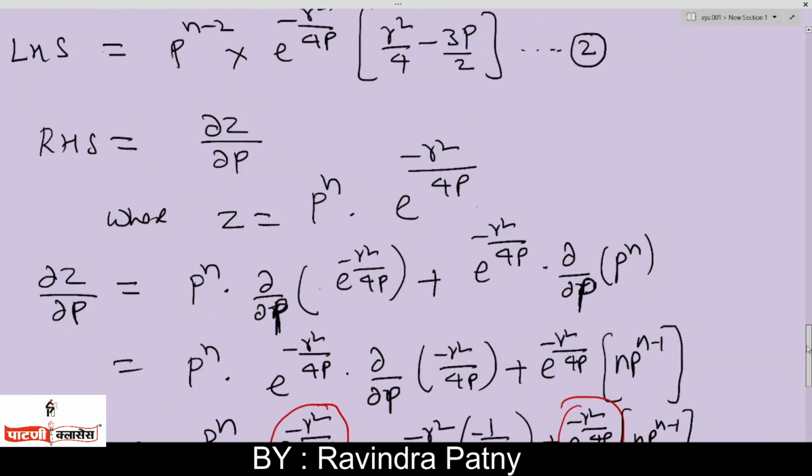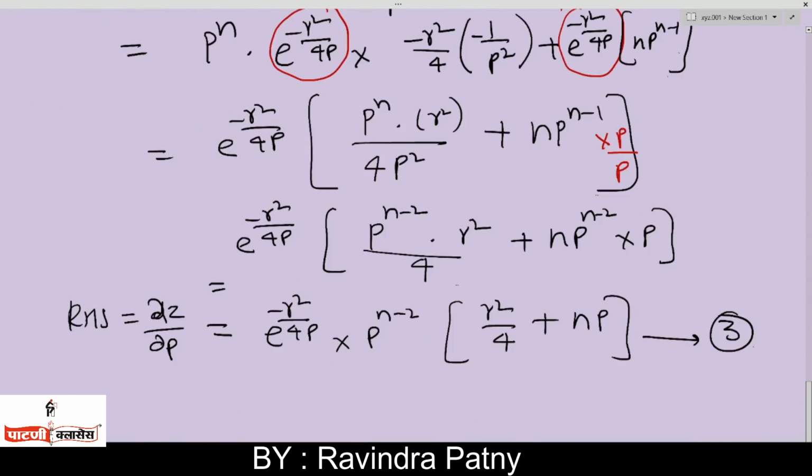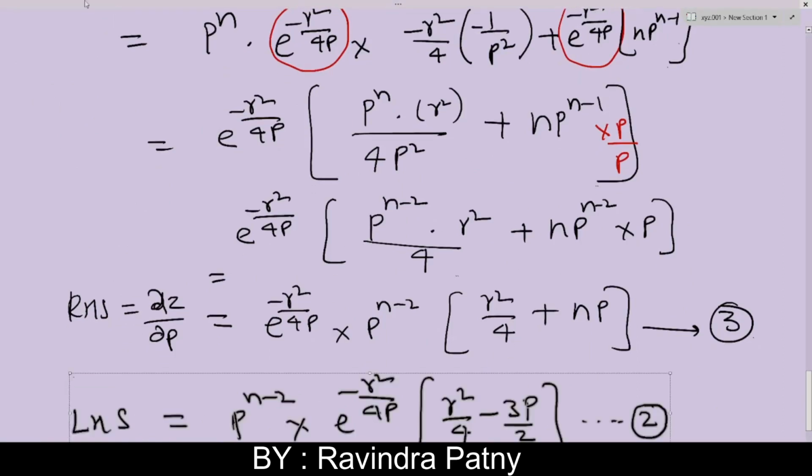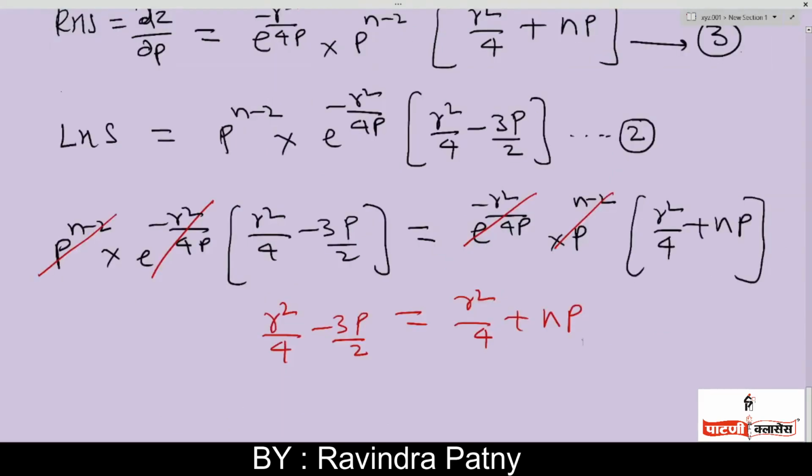Now we are going to compare LHS and RHS because our aim is to find the value of n. After comparing LHS and RHS, I have cancelled the similar terms. Then what is left? r square upon 4 minus 3p by 2 equals r square upon 4 plus np.